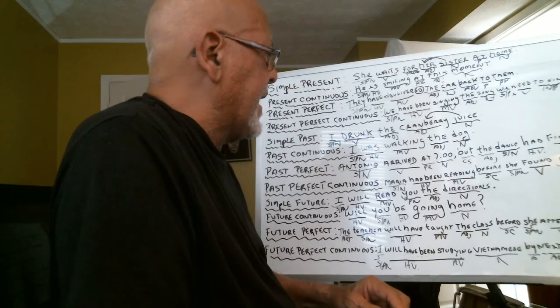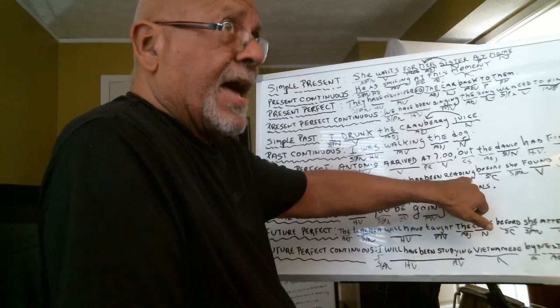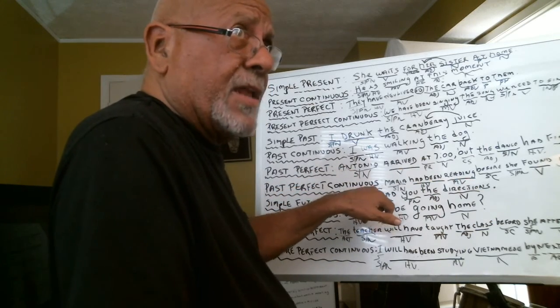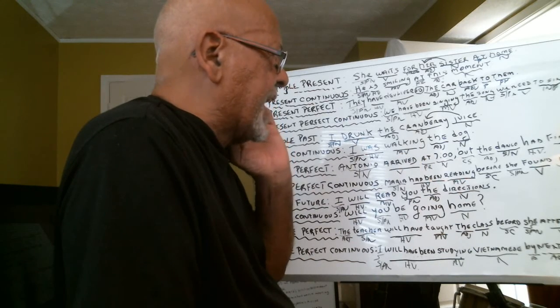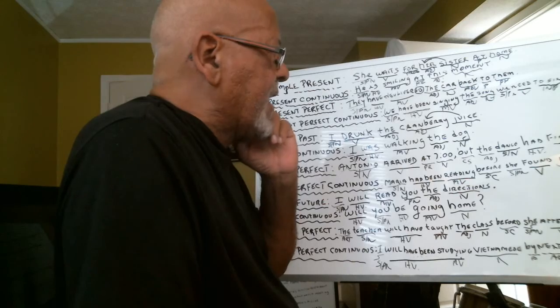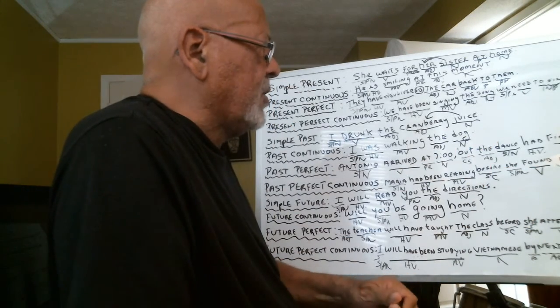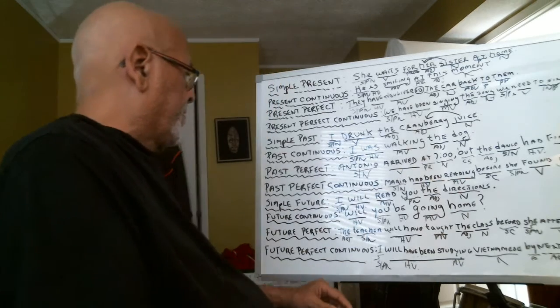Main verb, reading. Ing. Past perfect continuous. So now we know that the main verb is going to end in ing. And in the other action, the verb is going to be in the simple past.